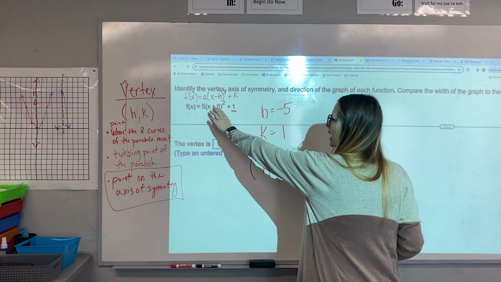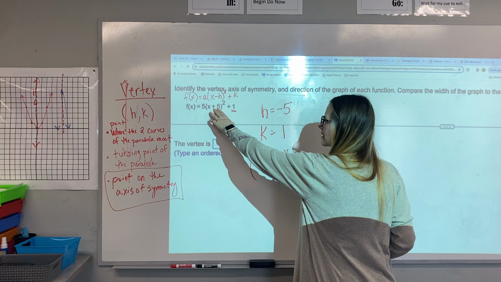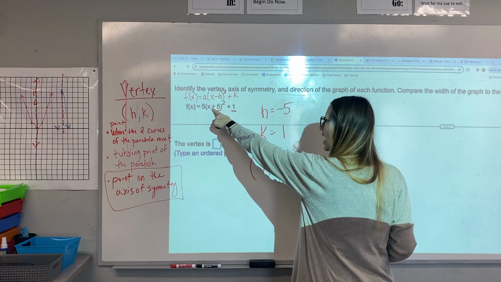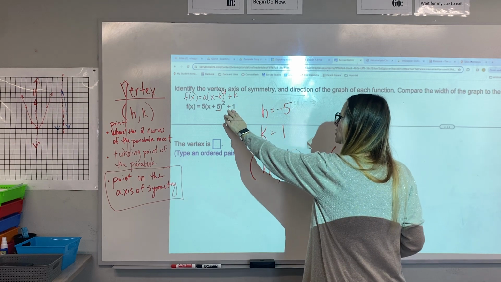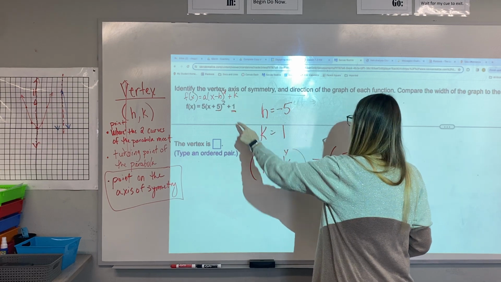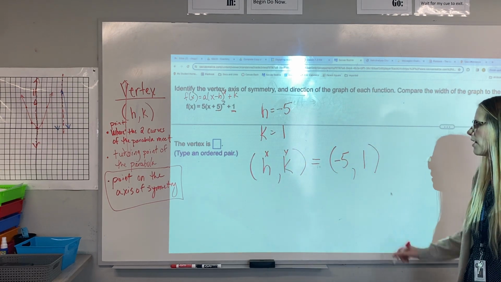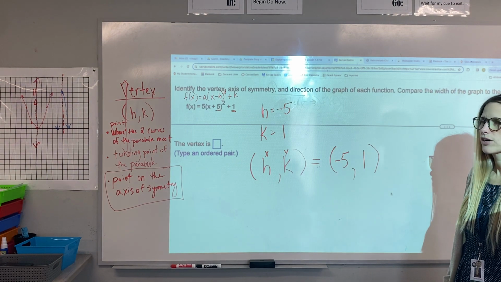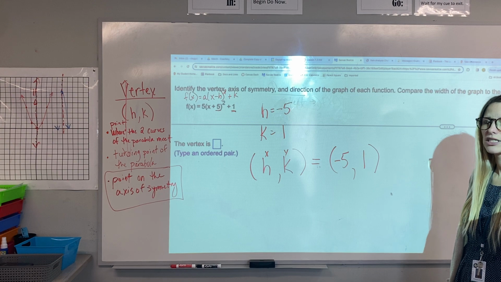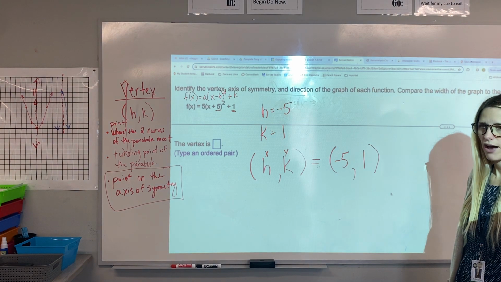It gave us a +5, but we get that sign the heck out of there and make it negative. We get a +1 and we keep that sign, +1. This is the vertex. Raise your hand if you need help identifying the vertex of your graph.